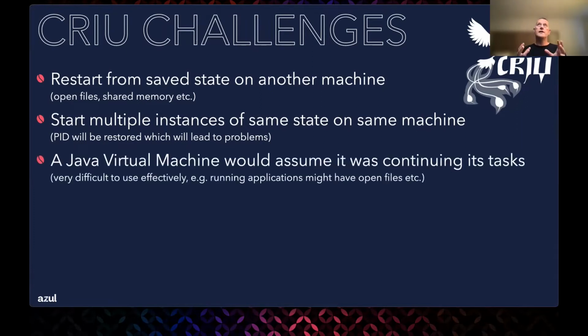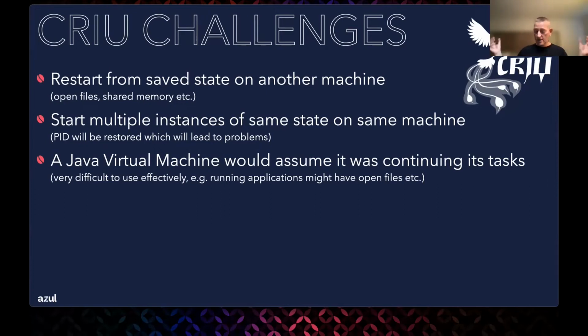And if you apply CRIU to a Java virtual machine, it sounds easy, because, oh, the JVM is just an application. I can just checkpoint it and restore it. Well, the difference here is that the JVM is a whole environment. In this JVM, you run your application, and your application is in the end opening sockets, opening database connections, opening files and stuff like that.